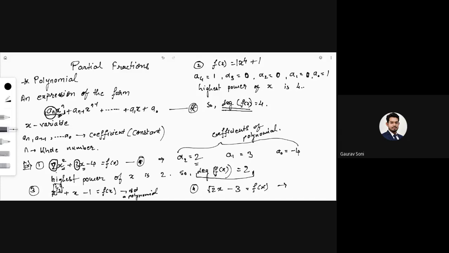I can also write down a fifth one as pi x plus e is equal to f of x. These coefficients can be anything. The only condition is I have to look at the variable and the power needs to be a whole number. Then I will say that yes, it is a polynomial.